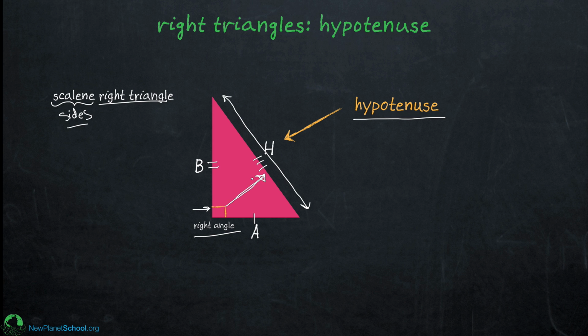And you'll use this all the time. Even if you're not dealing with a right triangle, you might take the triangle that you're trying to solve, reduce it to a right triangle, and then use all of the interesting properties that we know about the hypotenuse. In particular, things like the Pythagorean theorem and things like this that you'll be learning about later. Again, I'm not going to go into the details or the equations here. I just want you to learn the vocabulary and see how important these concepts are.